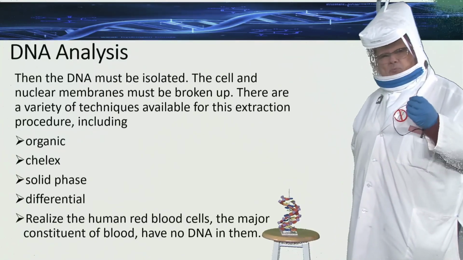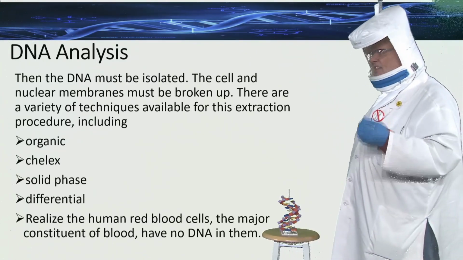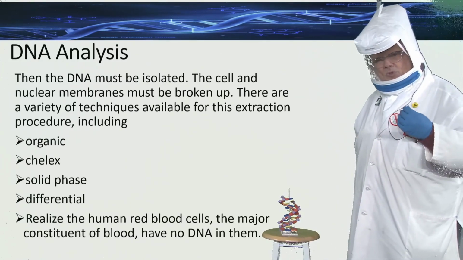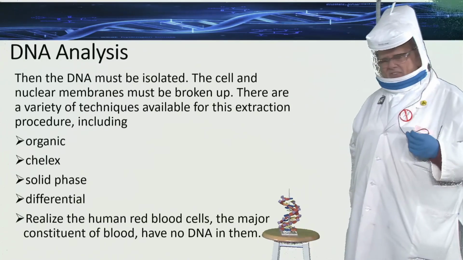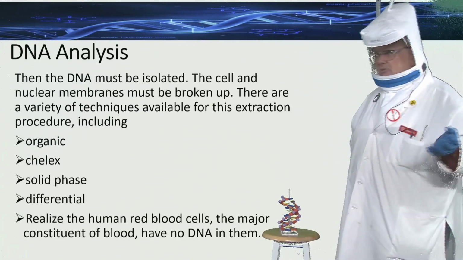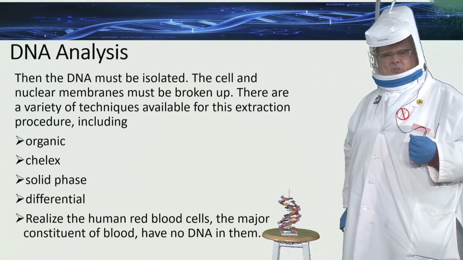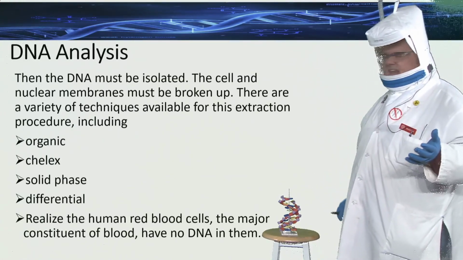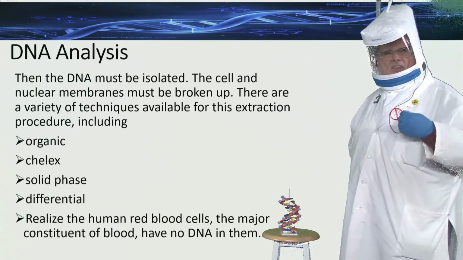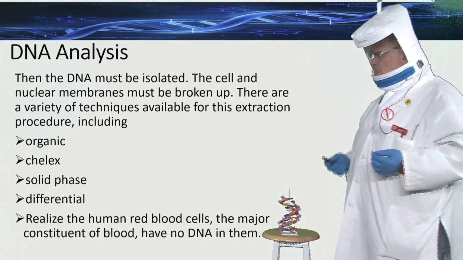Realize that when we use blood, most of the blood is red blood cells. But human red blood cells do not have DNA in them. So you end up discarding those. So what DNA do we get from blood? Mostly it's the DNA that's in white blood cells.